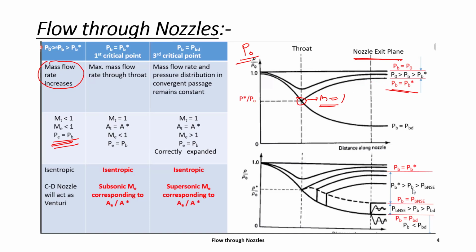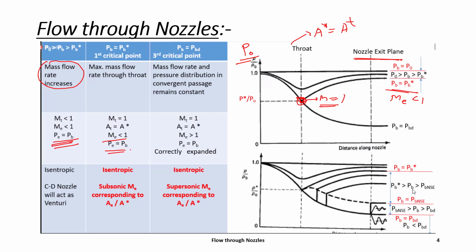Only at the throat it will be Mach number equal to 1. So at this Mach number equal to 1, the throat achieves the critical condition. This area at that time is called the critical area, and Mach number at exit will be less than 1 in this case, and mass flow rate will be maximum at that time.